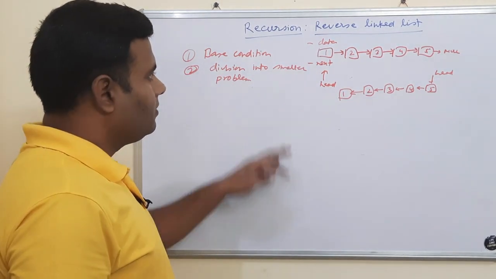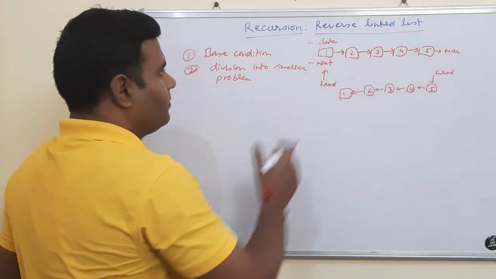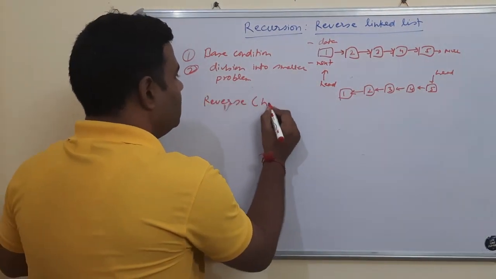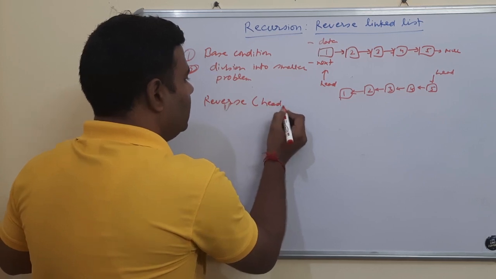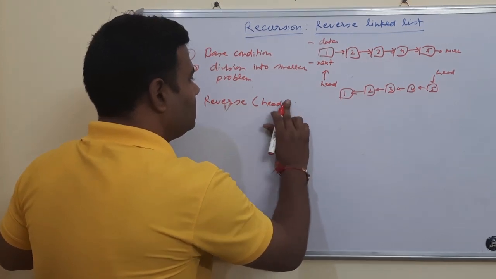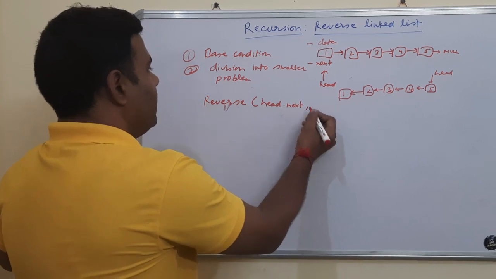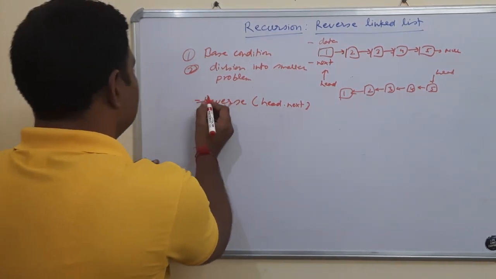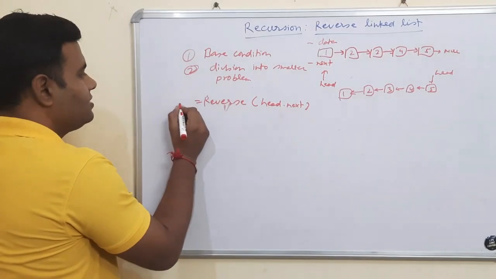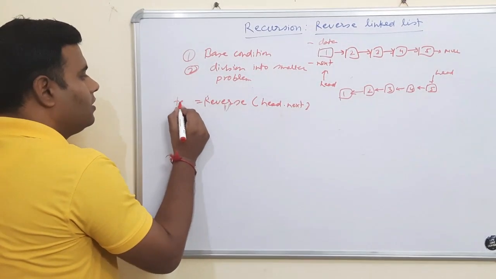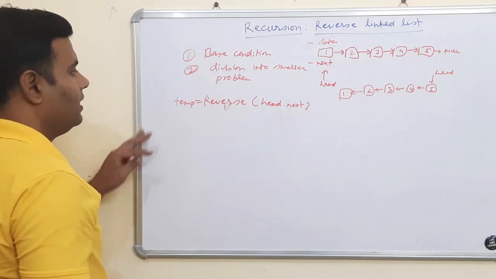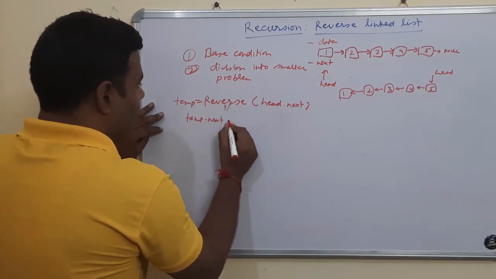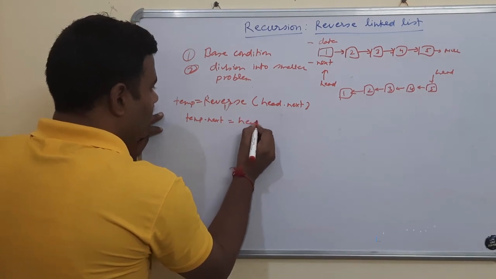What if I say, instead of reversing everything, head is given, so you reverse head dot next, and whatever is returned, let's say it is returning a reference of temp. Now temp dot next will be our head.